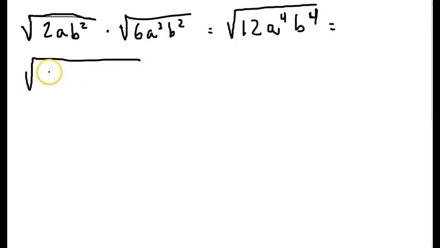Are there factors of 12? 3, 4, and 6. Now, are any of those a perfect square? 4. So we can rewrite this as the square root of 3 times 4 a to the 4th, b to the 4th. So this is the exact opposite of what we were just doing. Now let's pull out of this.